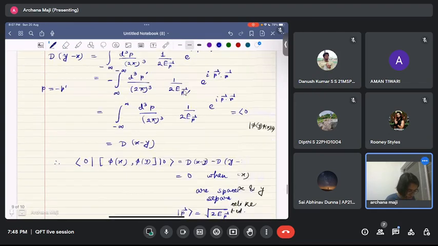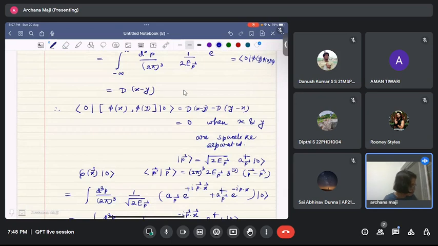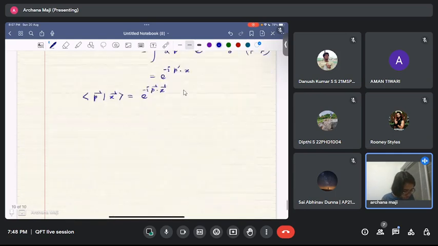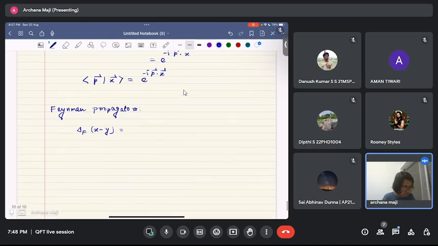Then, where were we? So far we have done this. Let me just tell you the Feynman propagator now, and then we'll stop. The Feynman propagator is defined as follows. This will be useful later on.